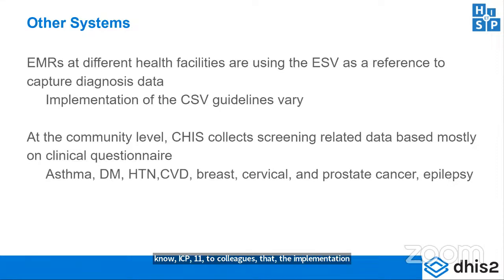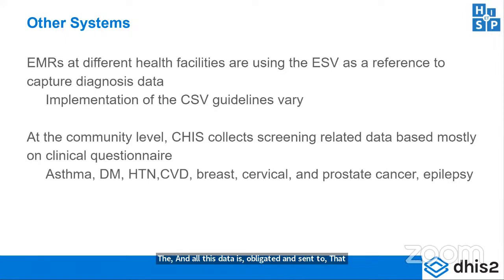It's more implemented in public hospitals than private hospitals. Some of the private hospitals are using the full ICD level, but most of them are transitioning to the simplified version. And all this data is aggregated at the end of the month and sent to the ministry for reporting purposes.